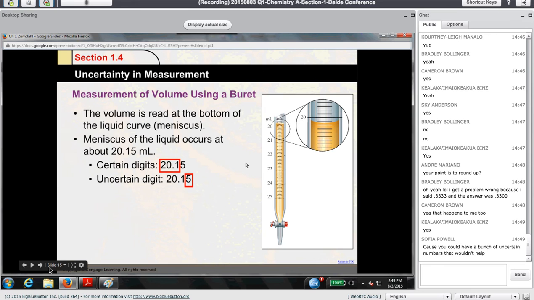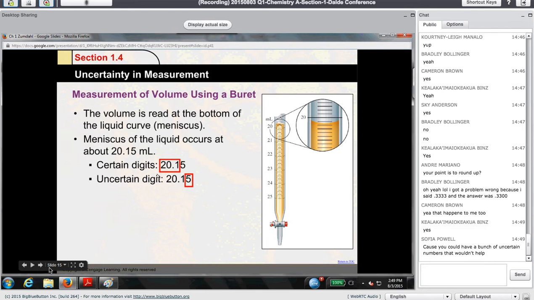All right, here's where we go. So let's take a look at this burette. And this is actual chemistry here. When I measure things, I want to measure, all right, tell me how much is in here exactly. And you know what?